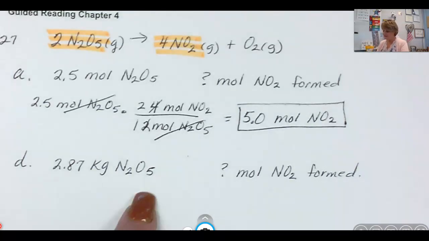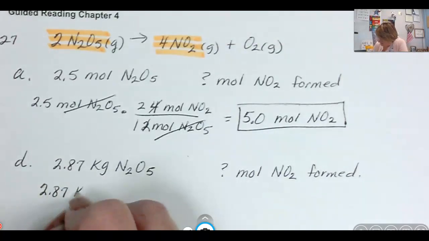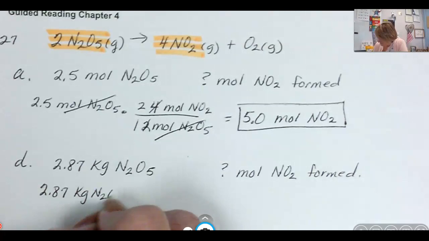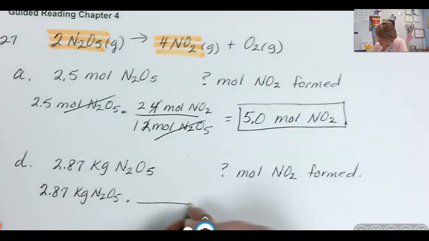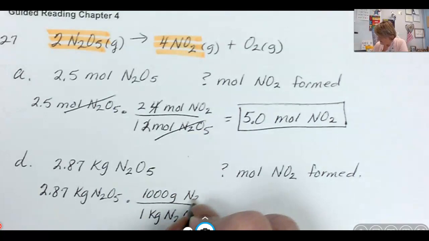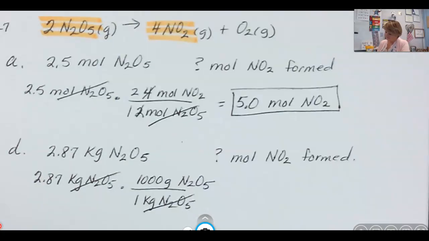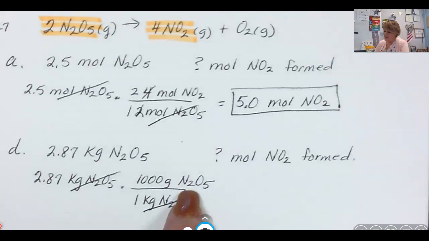So that's going to be our first step. So let's go ahead and write that down. 2.87 kilograms of N2O5. And I know that 1 kilogram of N2O5 is 1,000 grams of N2O5. So change, convert, cancel it out. Okay, now I've got my grams.